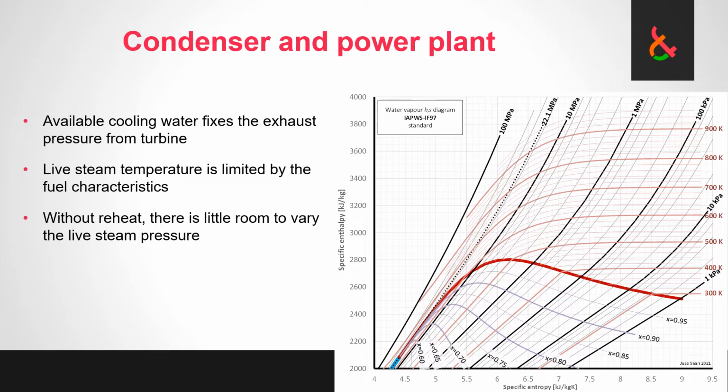You can figure out your exhaust pressure, which is going to be set by the district heating water temperature, in this case the supply temperature. Then you can come up with a pretty good idea of what your pressure is going to be. From whatever pressure you get, you go upwards at some angle, tilting a little to the left, until you get to the temperature you think is reasonable.